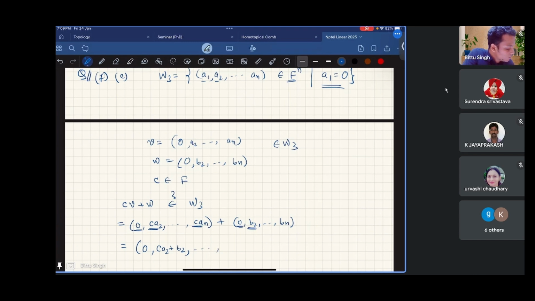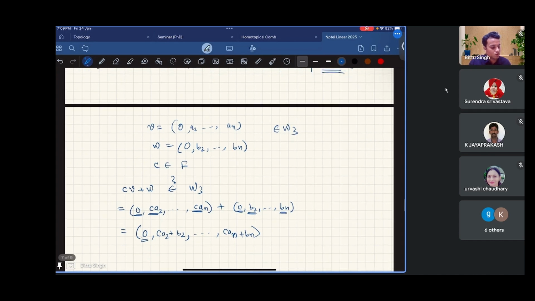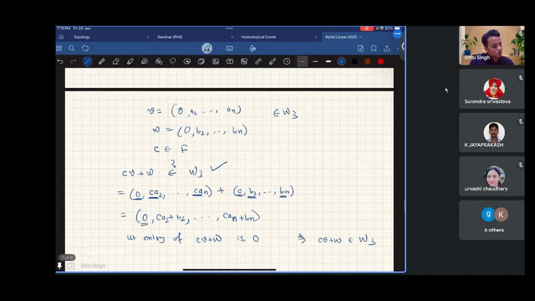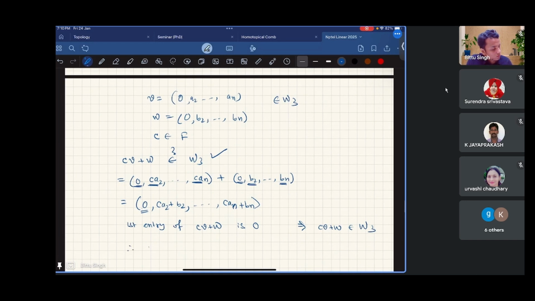The last element will be can plus bn. So you can see that the first entry of cv plus w is 0. This implies cv plus w belongs to W3. So this is true, and therefore W3 is a subspace.